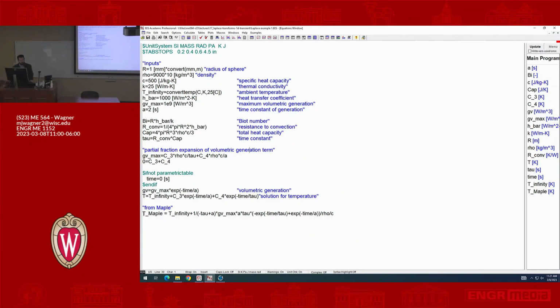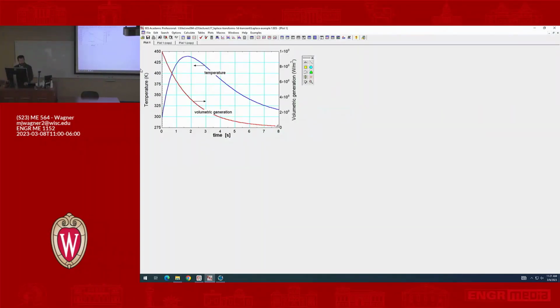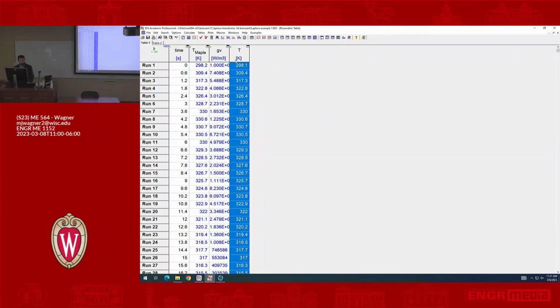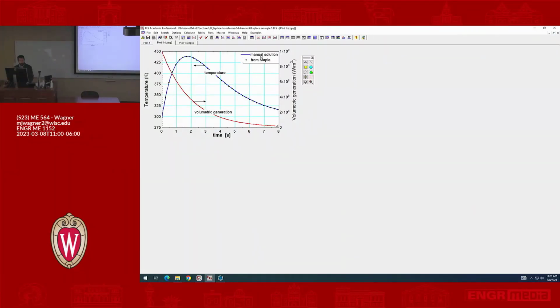Here I've taken the Maple solution and just copied and pasted it in here. We have our time. We have all the same stuff that we had, and I just want to prove that it's the same solution. So go to my lookup table. We've got the Maple solution here, the analytical solution here. I can run this and plot both of them, and I did that already.